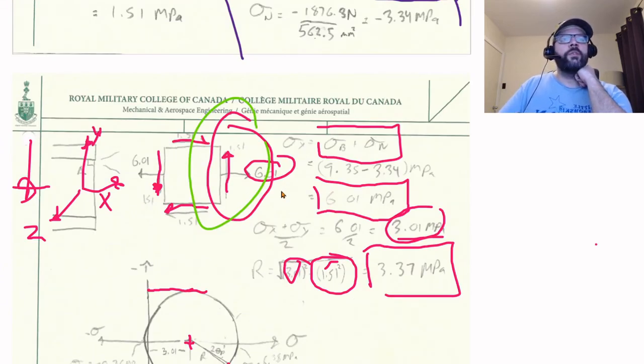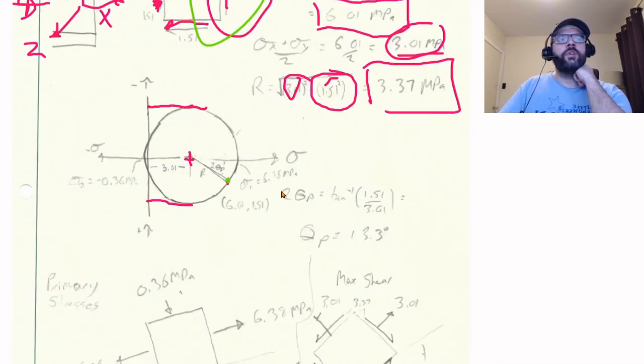So that's this point right here with a positive normal stress of 6.01 and a positive shear stress of 1.51. So again, remember that positive is down on this graph, on your Mohr circle graph. So that's right there.